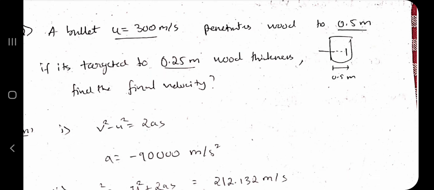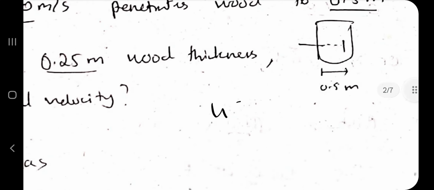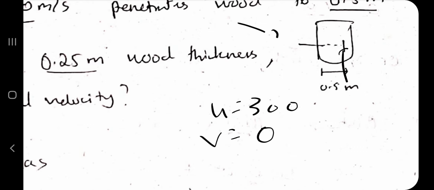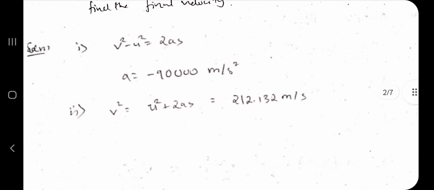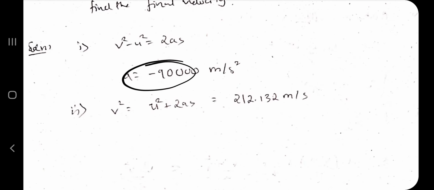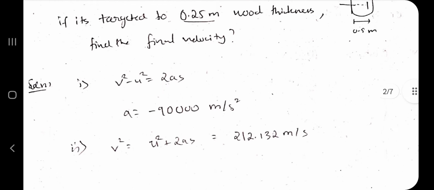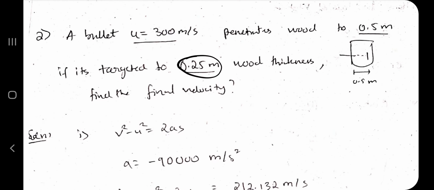So what you can observe from here is u is equal to 300 meter per second, because initial velocity was 300, right? Final velocity, it stopped, so v is equal to 0, and the distance traveled is s is equal to 0.5 meter. By 2as is equal to v square minus u square, we can find out the deceleration. By using the deceleration value, we can substitute that value in the equation, for if it has to travel 0.25 meter, how much it will be.